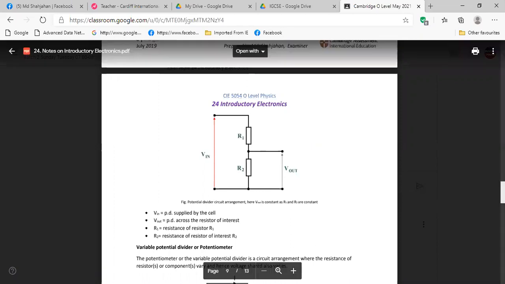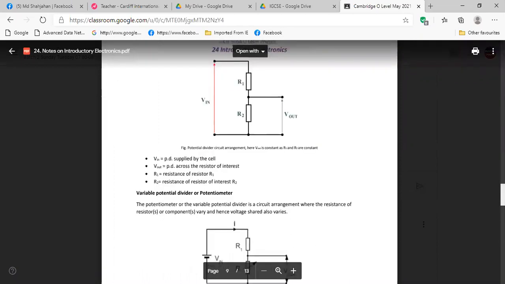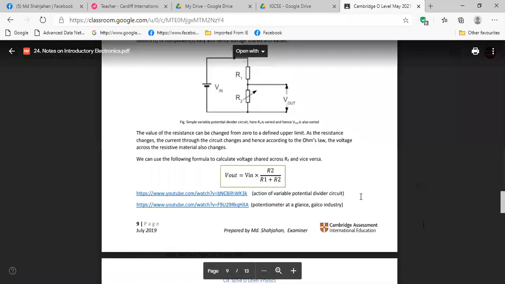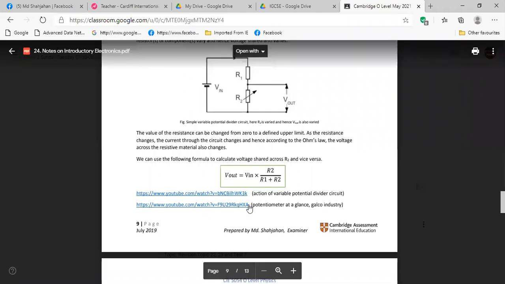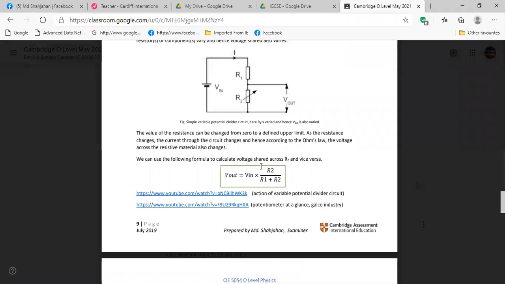And we have one formula in our DC circuit current electricity topic. We had this formula. Again, we are giving this formula here. Look here.